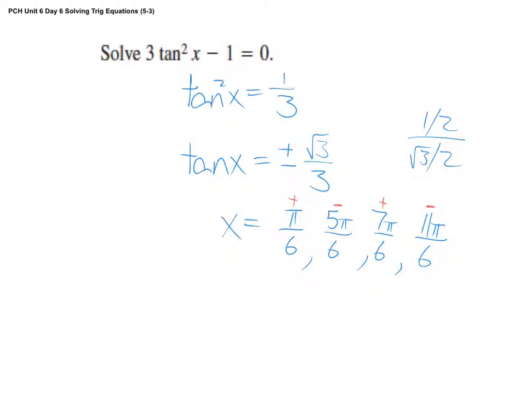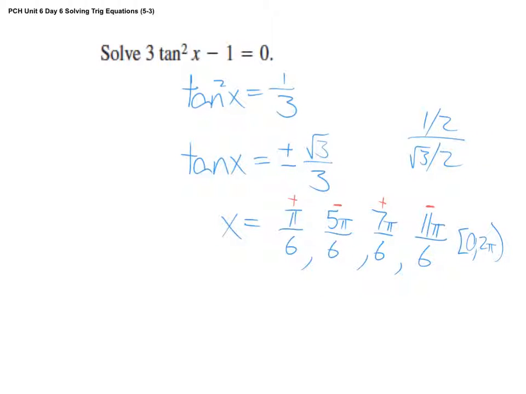One thing about the general solution. We found the solution for 0 to 2 pi. If I were giving a general solution, notice I would not have to do all 4 of these plus 2 pi n.